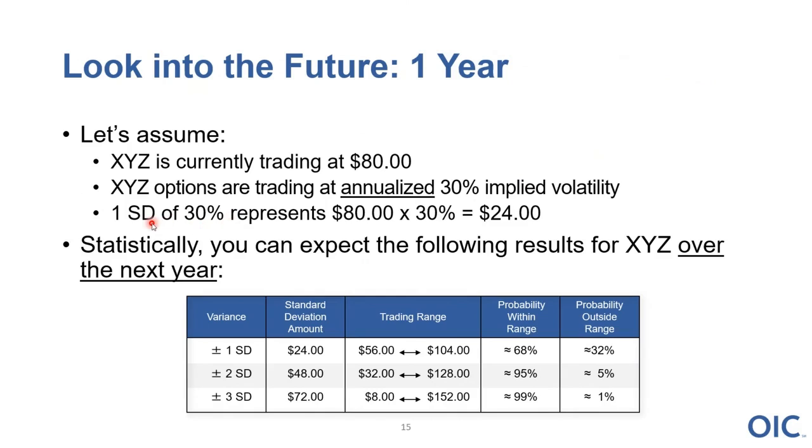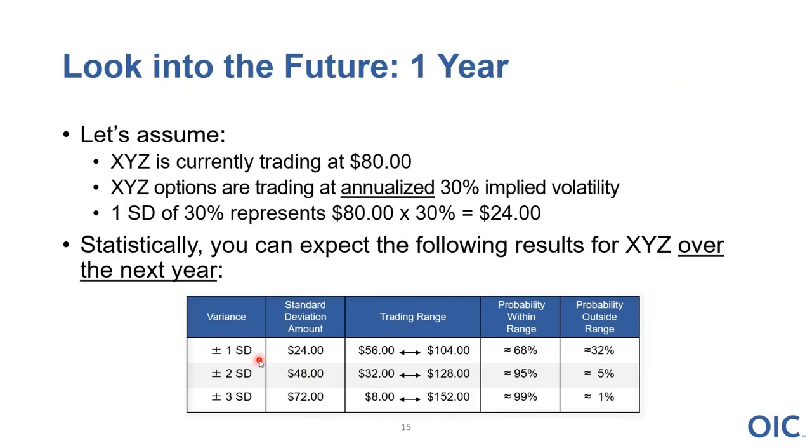And what that means is that 30% represents a one standard deviation move from the current stock price. Current price is 80. A 30% move is $24. Now, for those of you familiar with what one standard deviation means, as we look at it in the chart, one standard deviation means that about 68% of the time you would expect the observed stock prices to be within the range.